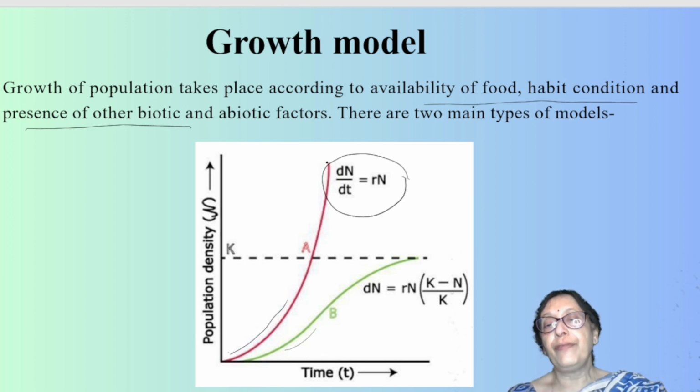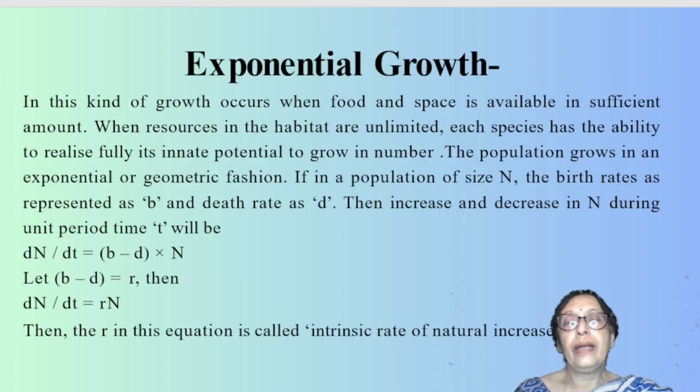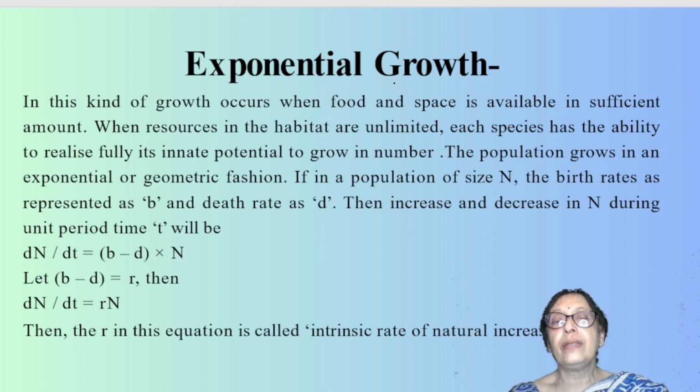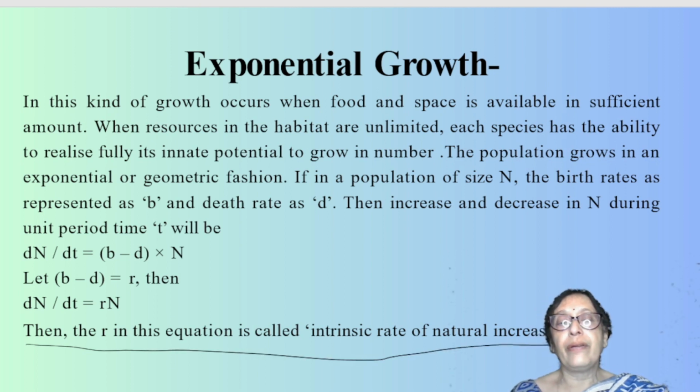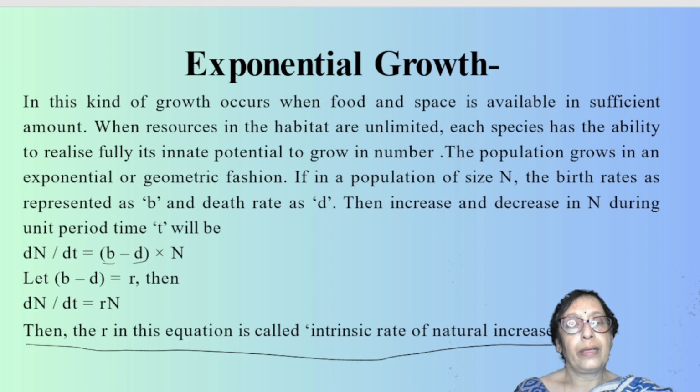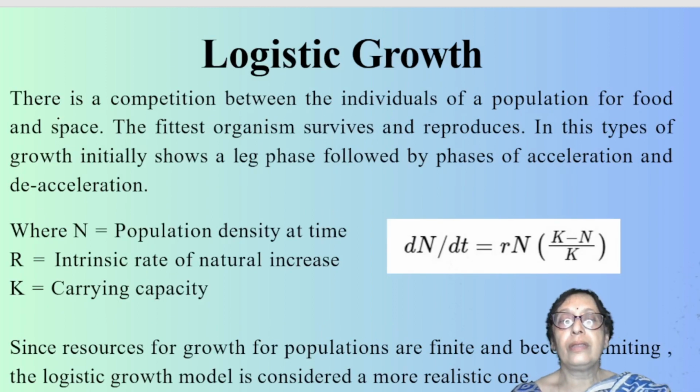If they are unfavorable, there will be a sudden fall. So exponential growth occurs when resources are available in sufficient amount. And this r is called the intrinsic rate of natural increase, and this b and d are the birth rate and death rate respectively.